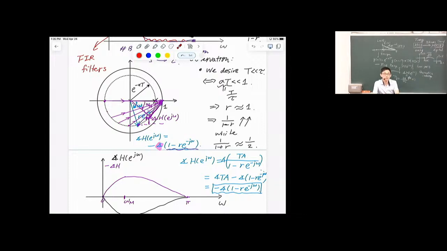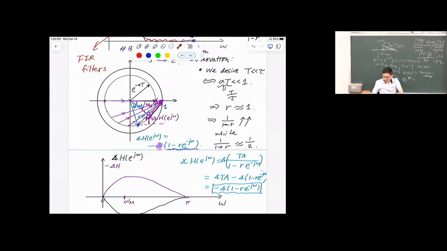I present a geometric interpretation because that vector is shown here as the arrow. The arrow changes direction, and the angle, counting from zero angle, keeps changing as omega varies. That's our phase response essentially, with a negative sign.